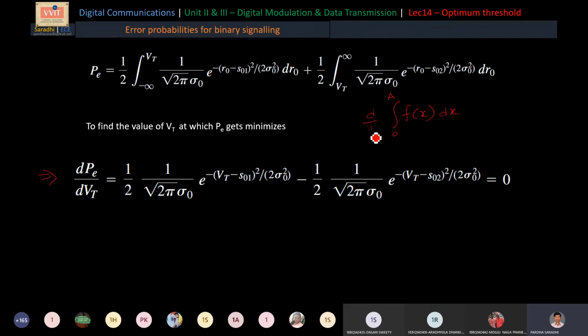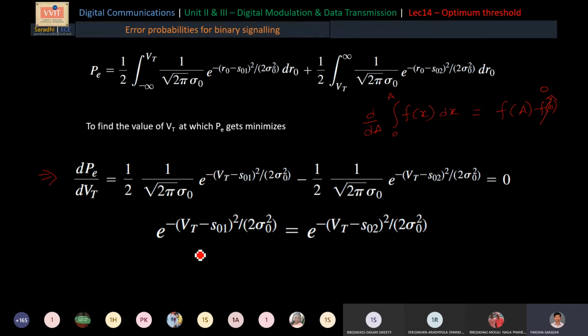If I differentiate it with respect to a, that function of a is going to be f of a minus f of 0, and f of 0 is constant, so it vanishes. What you get is only f of a. Here minus infinity we are having that, so we'll be getting only this expression.